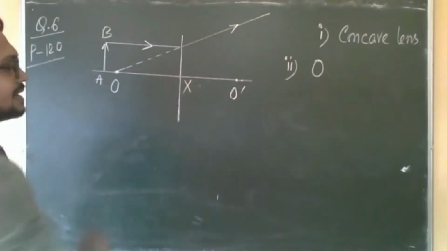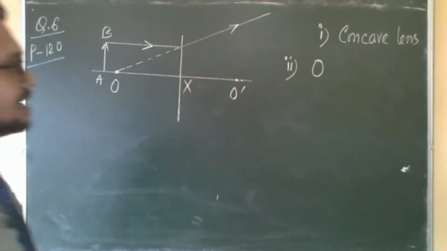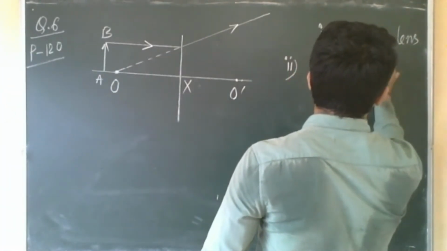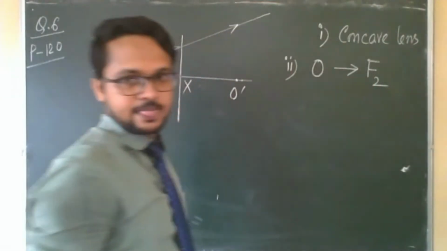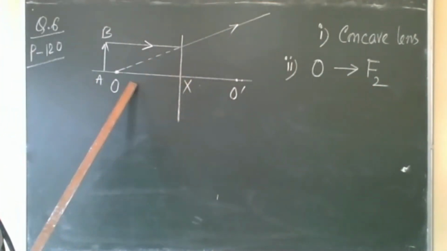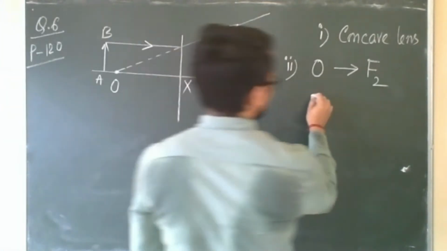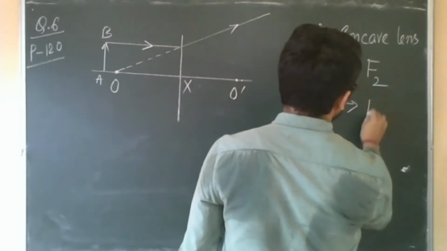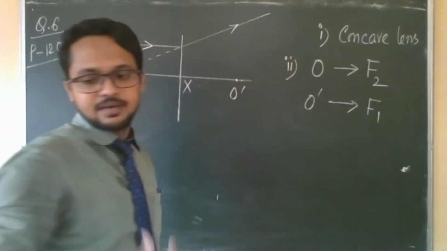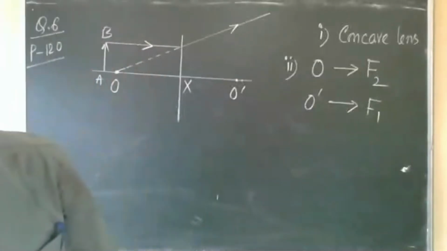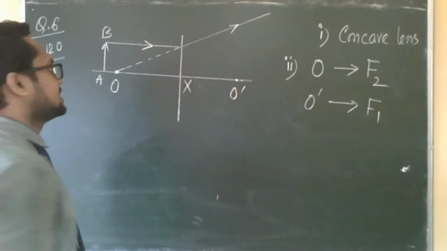If the incident ray is parallel to the principal axis, after refraction, it meets the second focus. So O is second focus, F2, because F2 lies to the left side for a concave lens, and O prime will be simply F1, because the distances are same. Given in the diagram, distances are same. We can measure it.